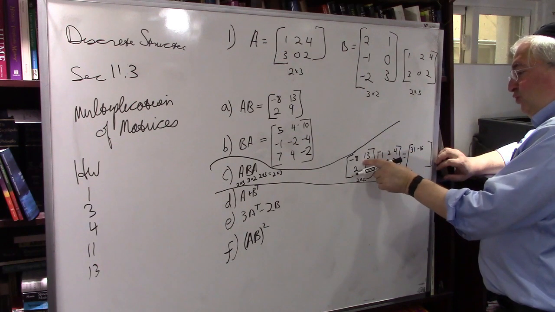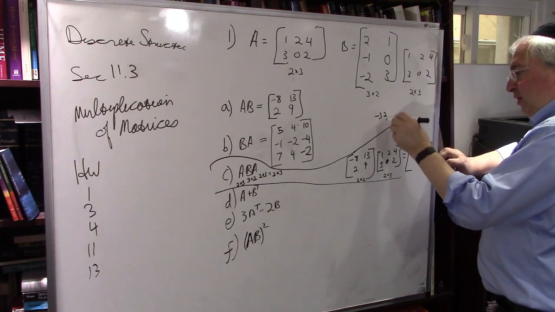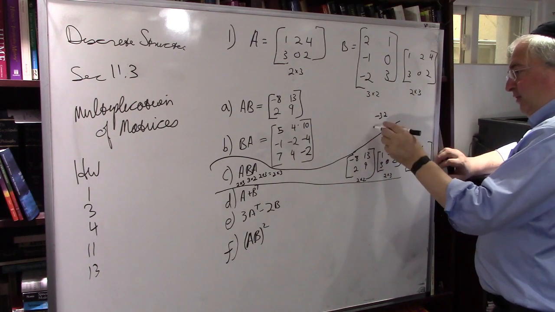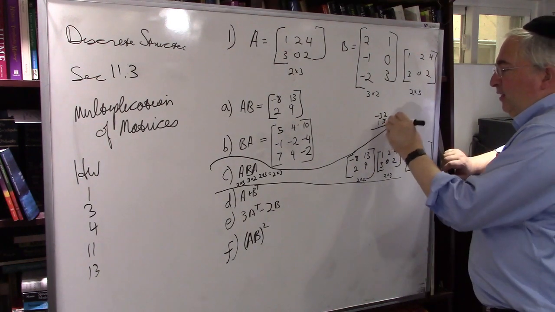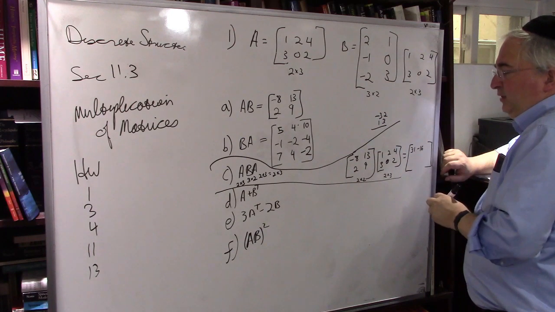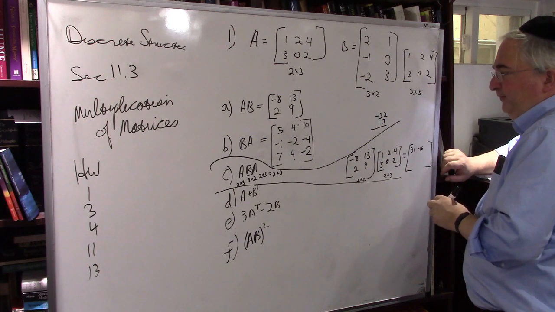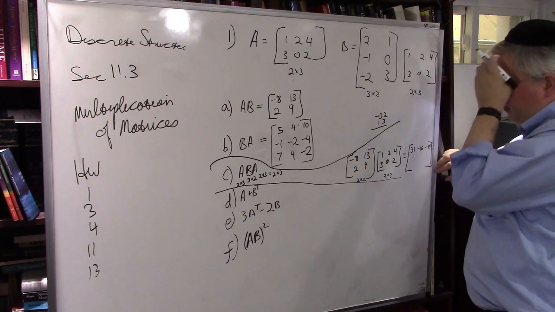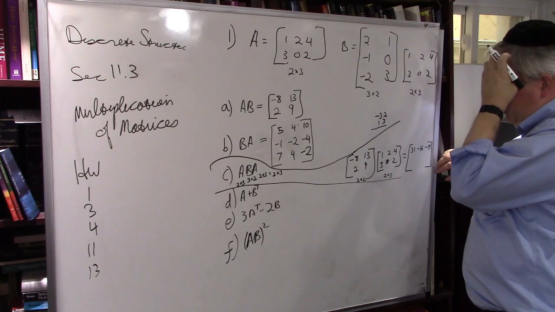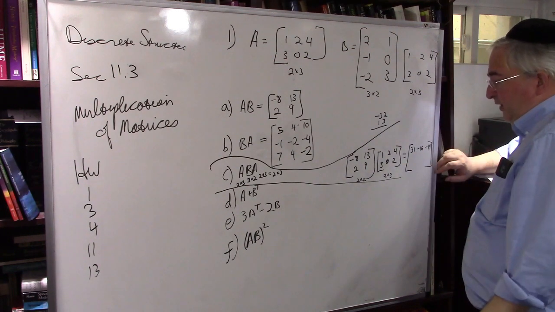Negative 32 plus 13, so it's going to be negative 19. Yeah, I think I'm right.